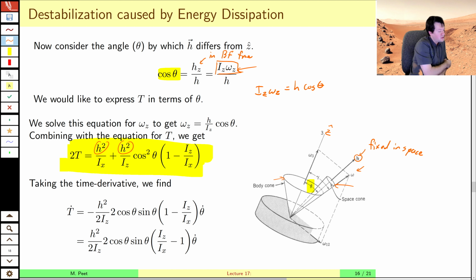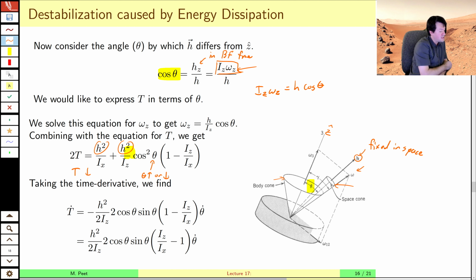And so what we want to figure out is how, as T changes, as T goes up or T goes down, well, we're going to focus on the case where T goes down, what happens to theta? Does theta go up or down? Okay.